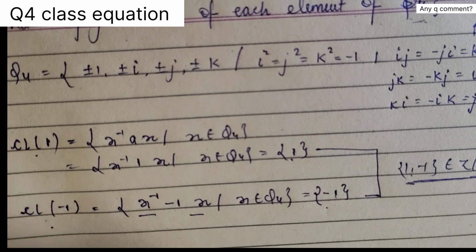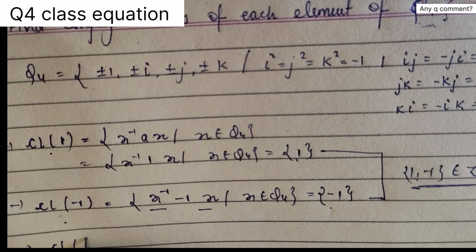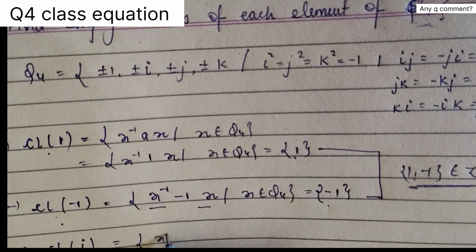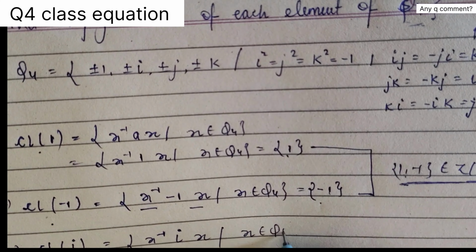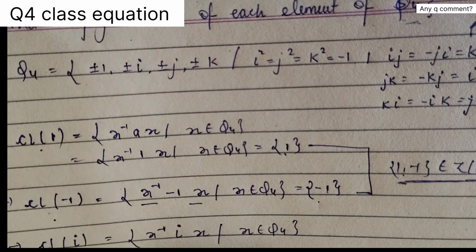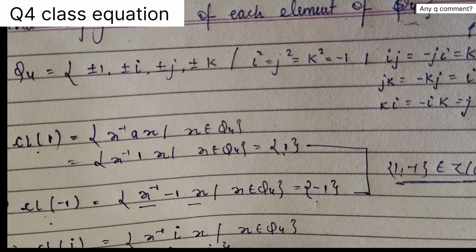Okay, next we have to find the class of i. Class of i consists of the elements x inverse i x for x belonging to Q4, and this will give us only i or minus i.